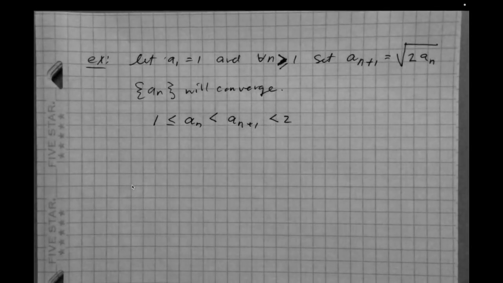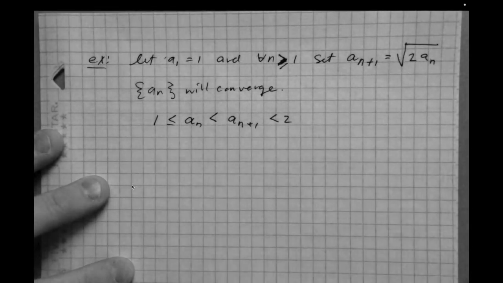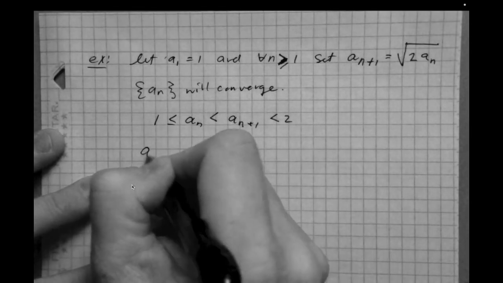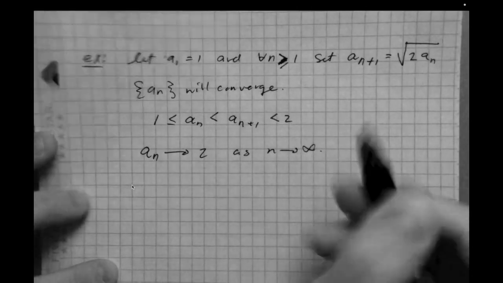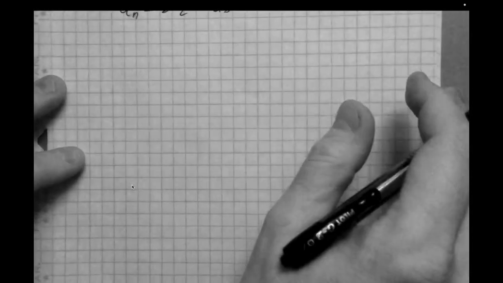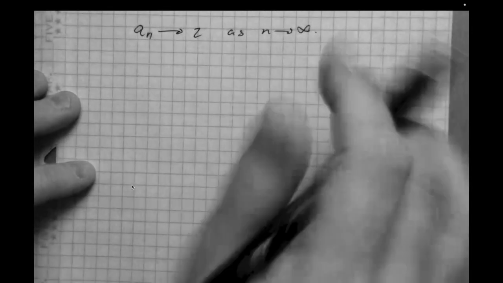And so what we'll show is that the limit actually is 2. So this sequence converges to 2. Let's show this. First we'll show that it's monotone increasing and bounded above, and we're going to use an induction argument.